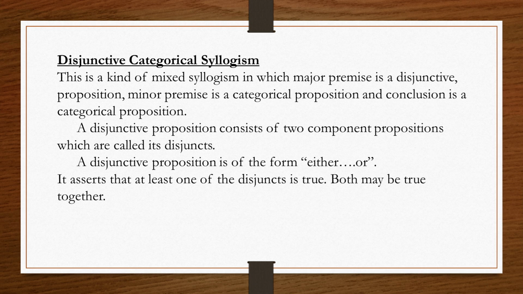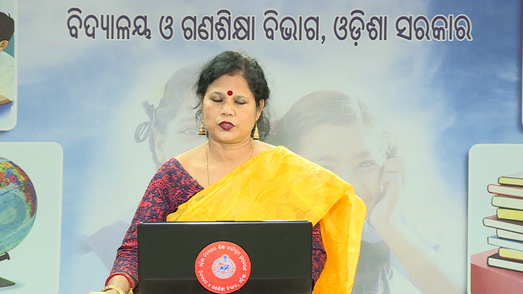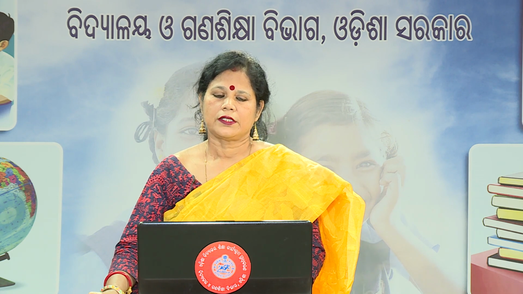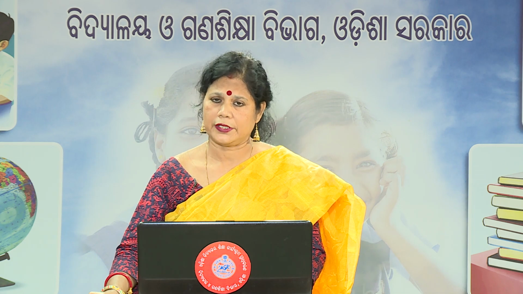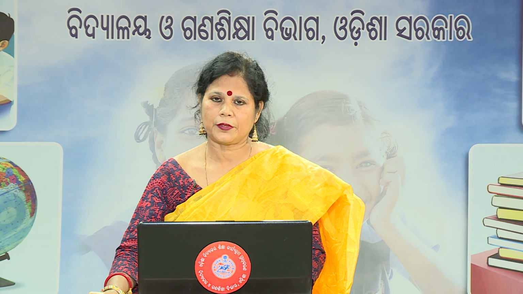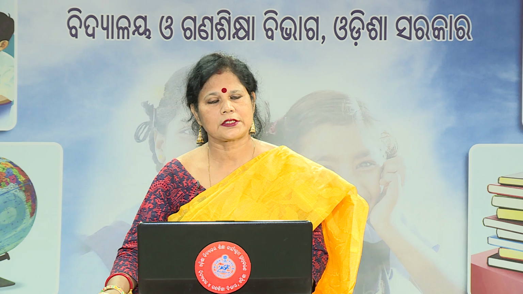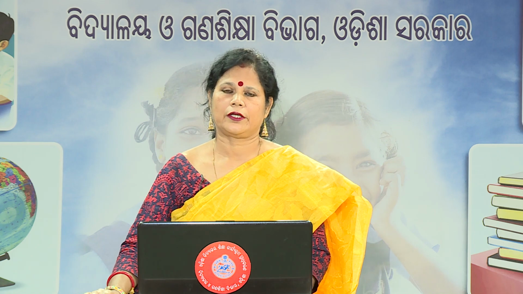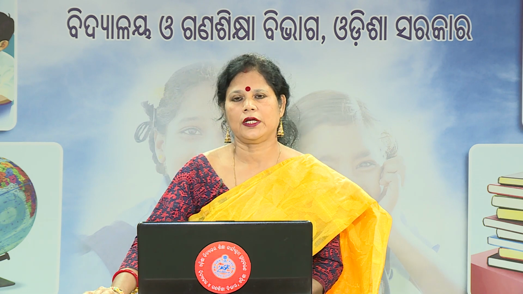So here, this is syllogism, that means three propositions are there: two premises and one conclusion. Disjunctive categorical syllogism, as the name suggests, the major premise is a disjunctive proposition, minor premise is a categorical proposition, and conclusion also is a categorical conclusion.